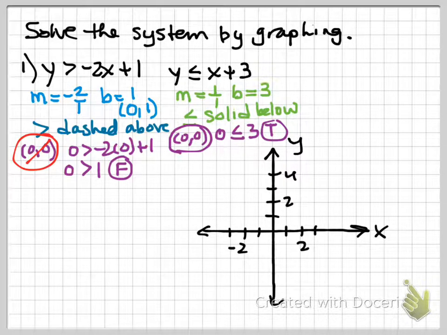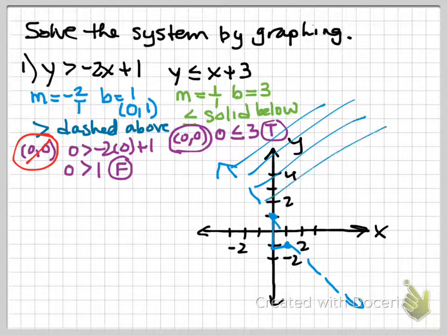We go to where the y-intercept is 1. I do need to add a couple more points down here on the negative. There we go. We're going to rise down 2 and to the right 1. We're going to do a dashed line. And to graph above it, we're going to make sure that 0, 0 is not part of the graph. So I'm going to shade above like this.